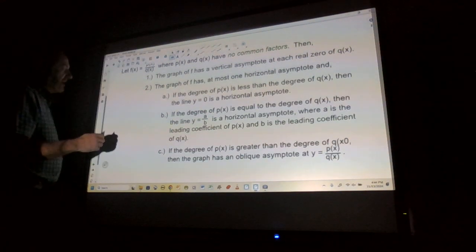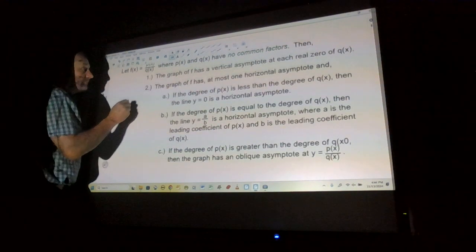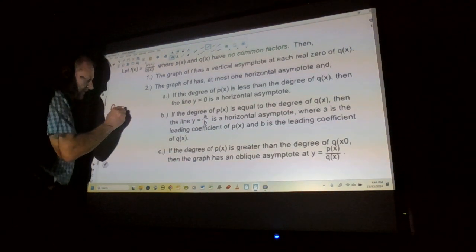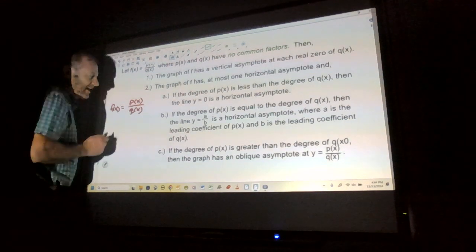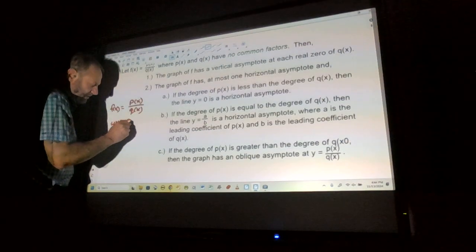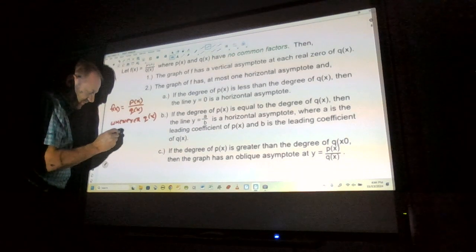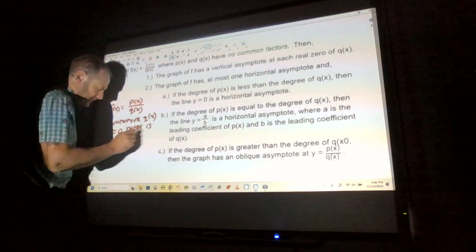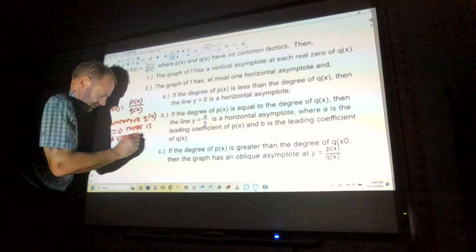So if I have a function f of x equals p of x over q of x, whenever q of x is equal to 0, there is a vertical asymptote.